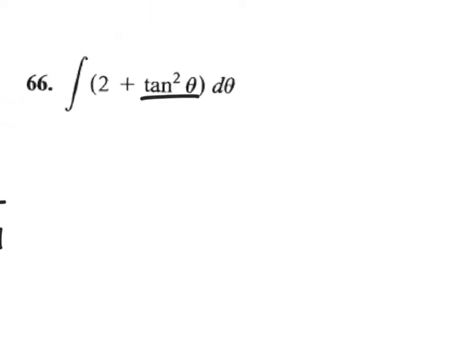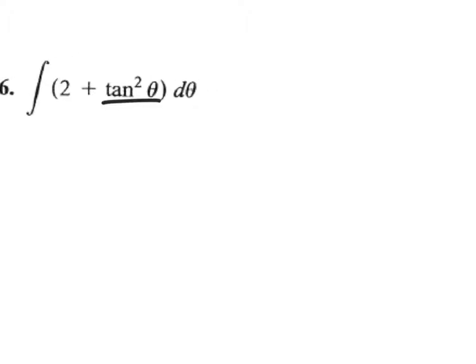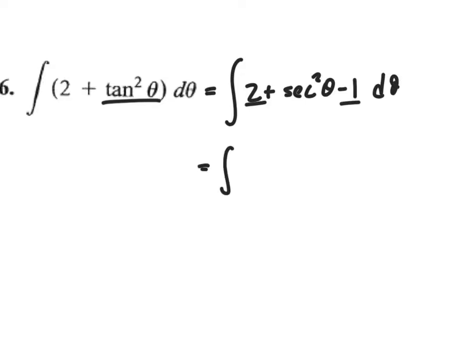So I'm going to rewrite this as the antiderivative of 2 plus secant squared theta minus 1 d theta. I can combine my like terms here: 2 minus 1 is just 1, so the integral of 1 plus secant squared theta d theta.